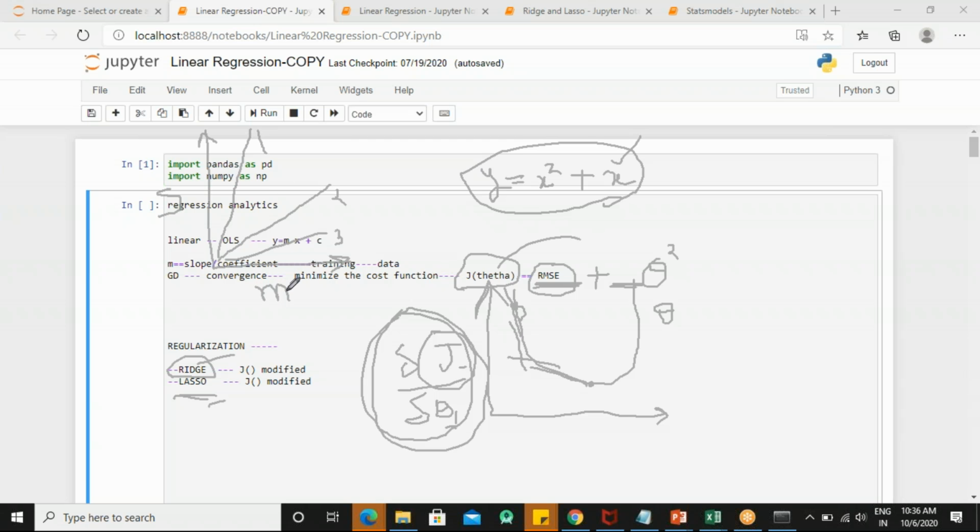But now the point is, the feature having a higher slope value will ultimately take more importance while predicting anything, because its slope is greater than the other slopes. So it will be dominating the other features. And that's where the problem of overfitting arises.